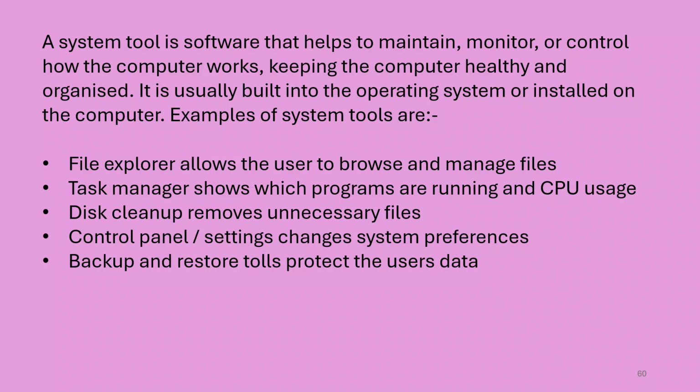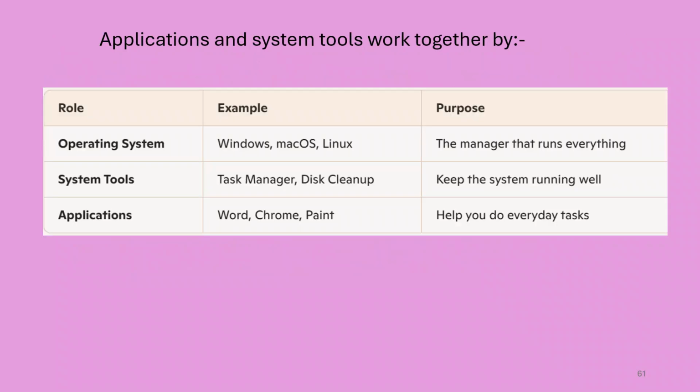A task manager shows which programs are running and CPU usage. Disk cleanup removes unnecessary files. Control panel settings changes system preferences. Backup and restore tools protect the user's data.